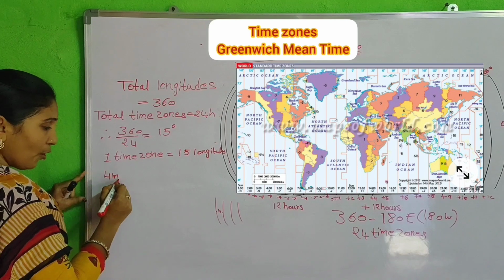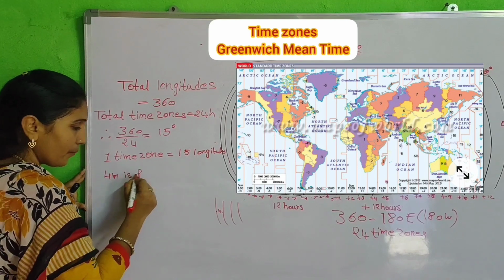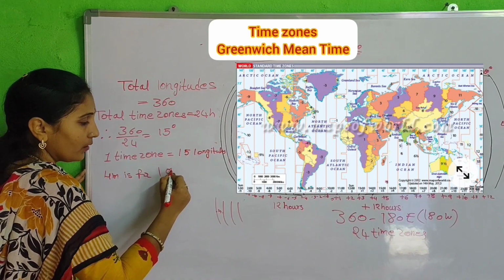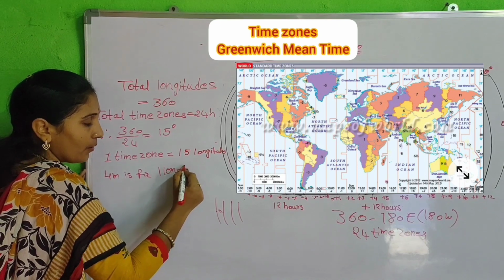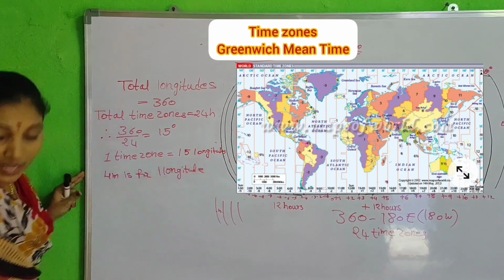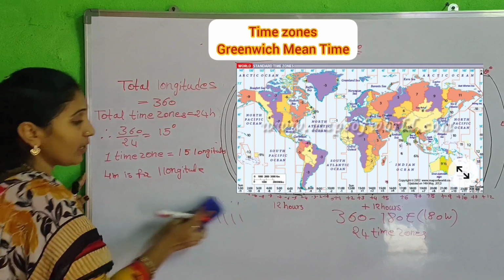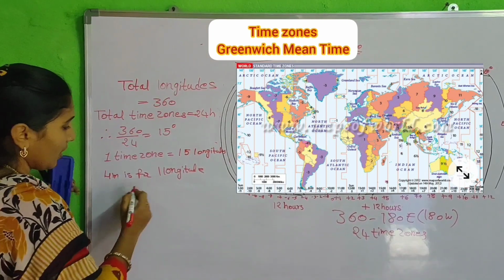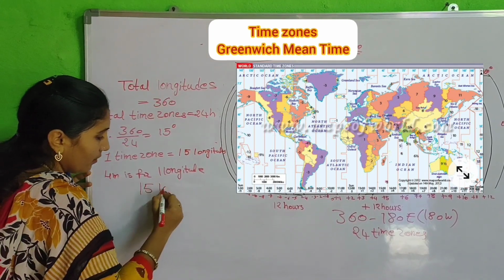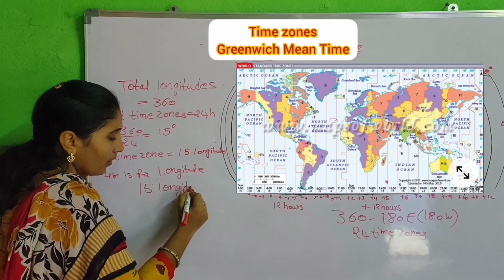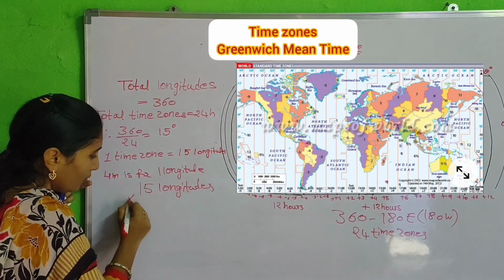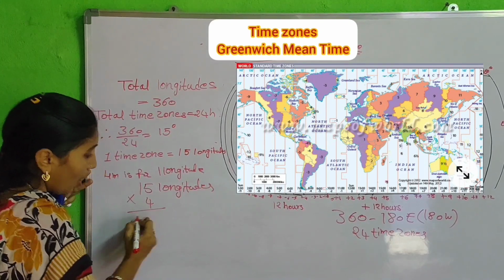So when 4 minutes is for one longitude, how many minutes will it be for 15? So 15 longitudes into 4 minutes, how much do we get?